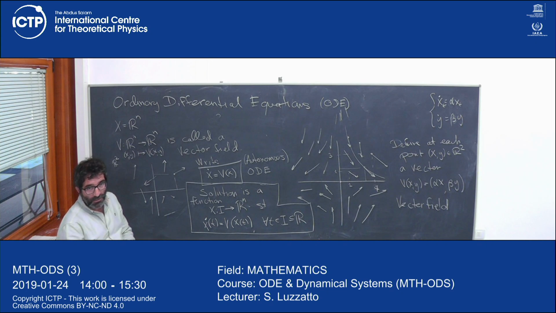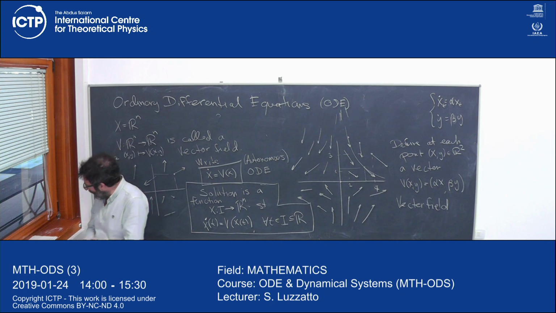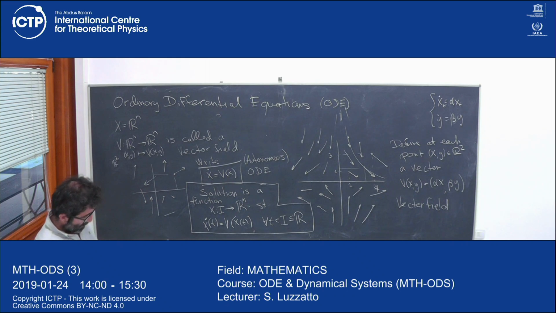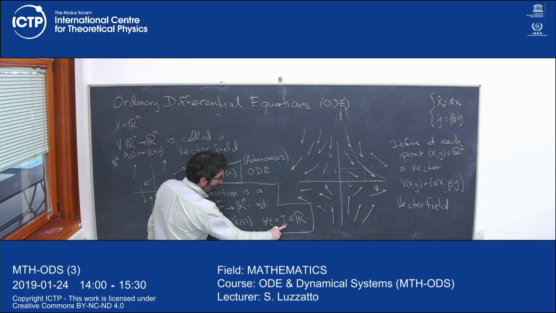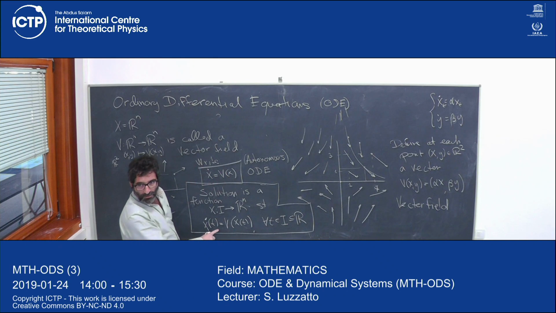So what I'm going to state today is a theorem that says under which conditions there exist solutions, and we'll also see some counterexamples. In fact, let's start with the counterexamples. So the fundamental questions are existence, uniqueness, and how big is the interval on which the solution can be defined.